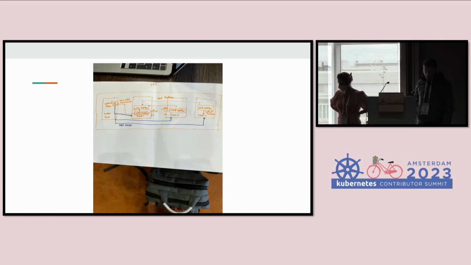So we have an NFD worker running on each node, and the NFD worker is responsible for extracting features that are on a specific node, and it will send these features to the NFD master. The NFD master will then apply some filtering based on some user-inputted filters or whatever we want.